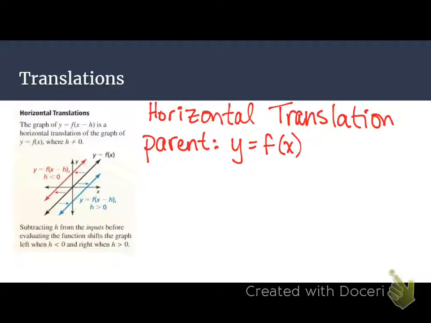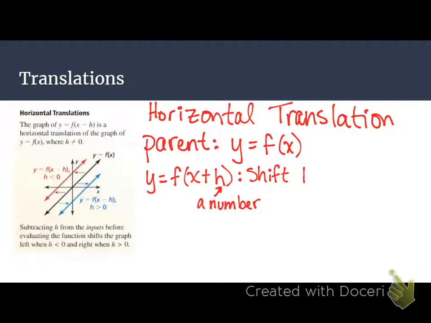If we change it so that we have y is equal to f, and then in the parentheses, we have x plus h, where h just represents a number, this is going to shift our graph left. This is where it gets a little counterintuitive.